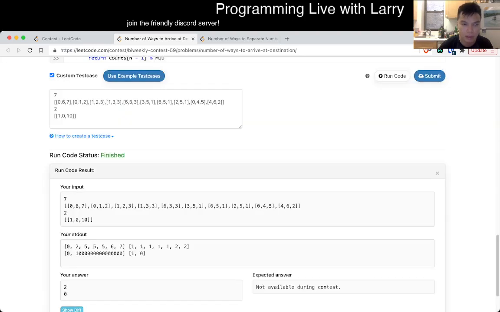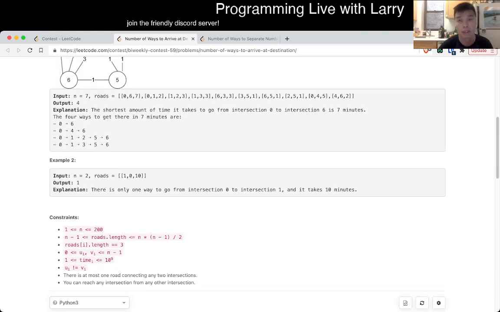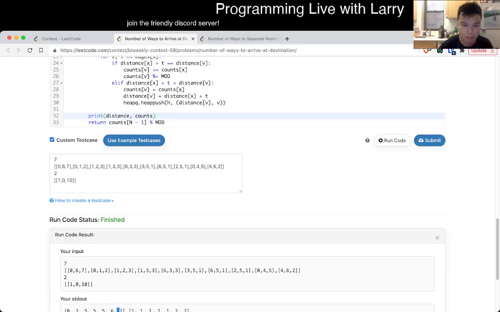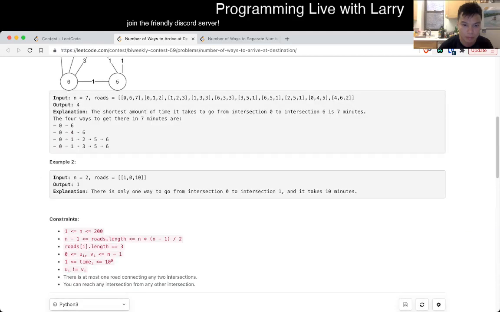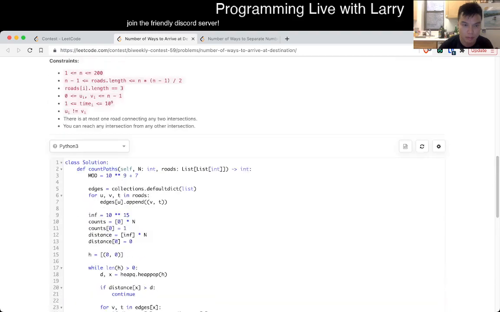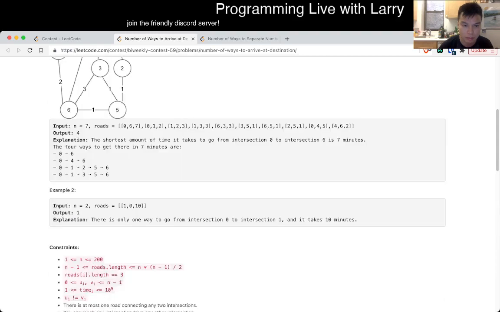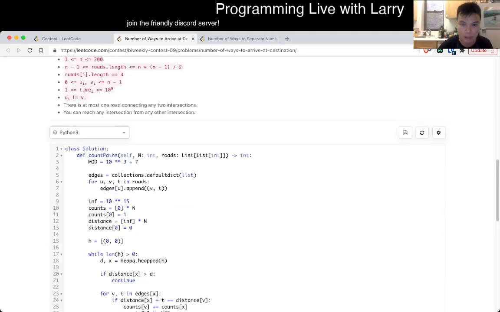The 7 is right, the 2. Do I add them? That was bi-directional.